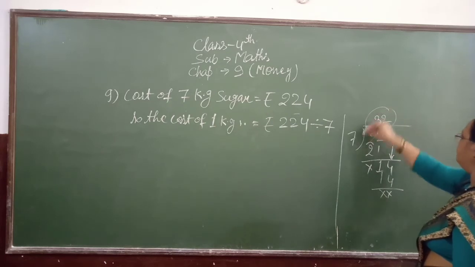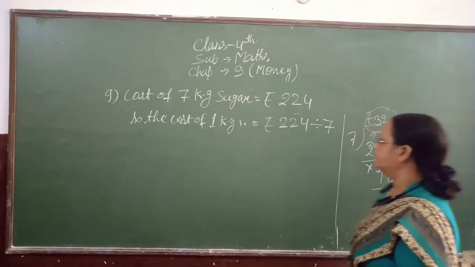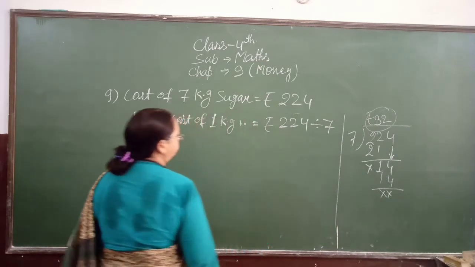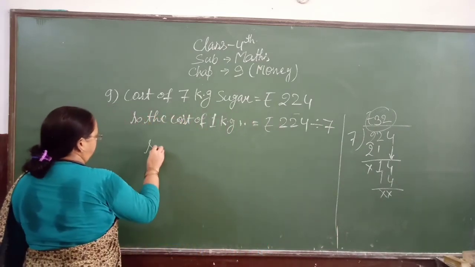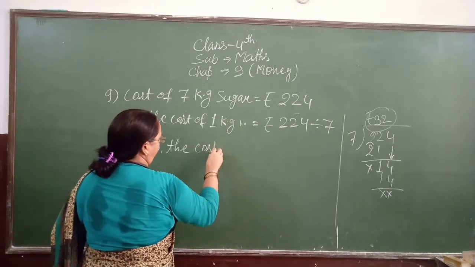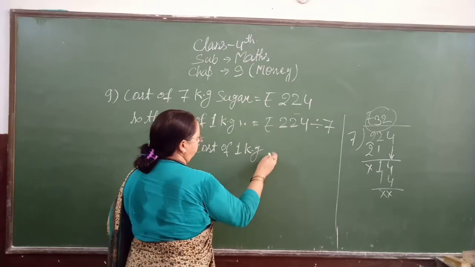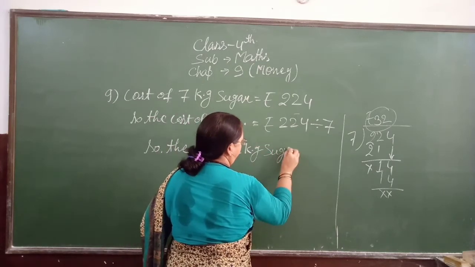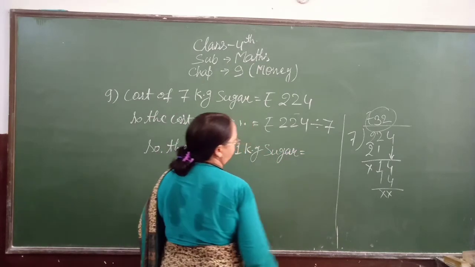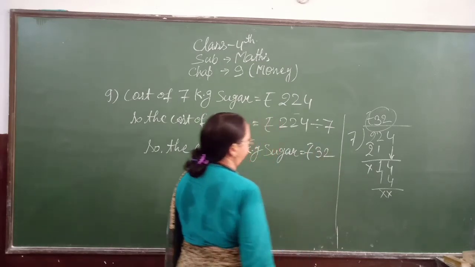So the cost of 1 kg sugar is equal to 32 rupees. So the cost of 1 kg sugar is equal to rupees 32.